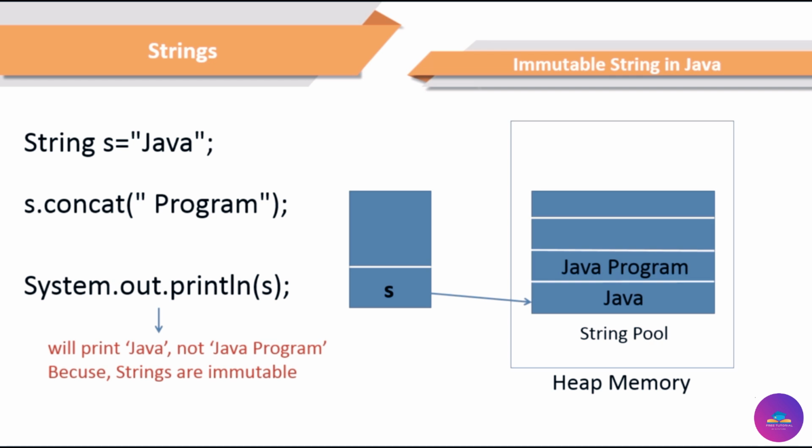And as you see here in the figure, two objects are created, but reference variable S still refers to Java, not Java program. Because, say it with me, strings are immutable objects. So we'll introduce the StringBuffer and the StringBuilder classes, which are mutable, in the upcoming slides.